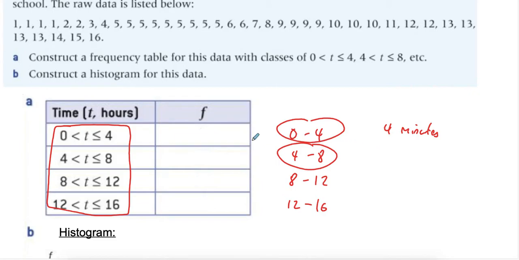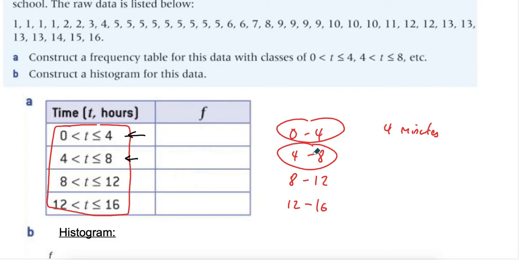Likewise, if you just have t is less than 4, and it's just a less than sign here, again, if they're 4 minutes, they can't go in either this one or this one. Okay, so the convention is to have your categories using this notation.